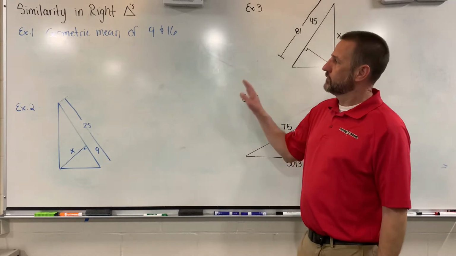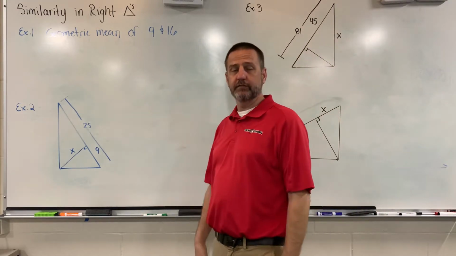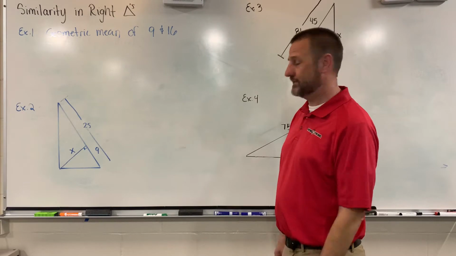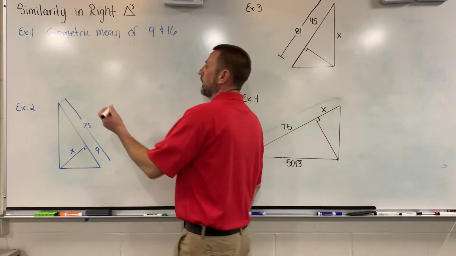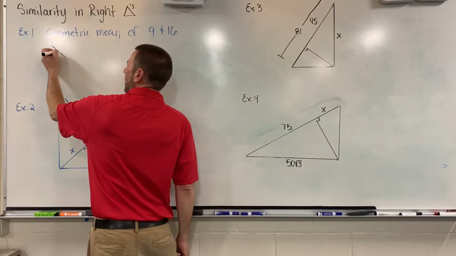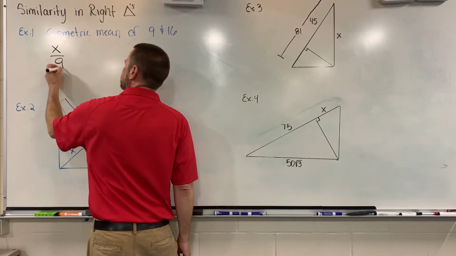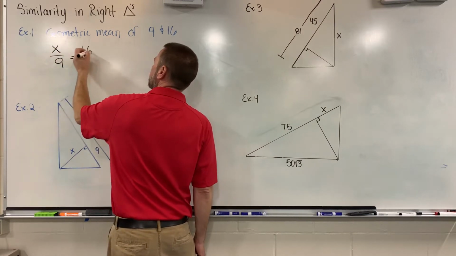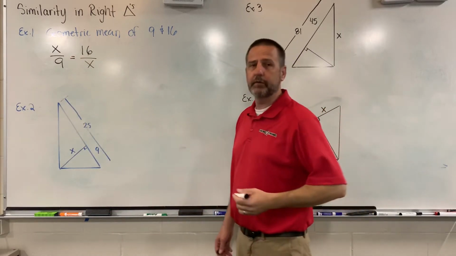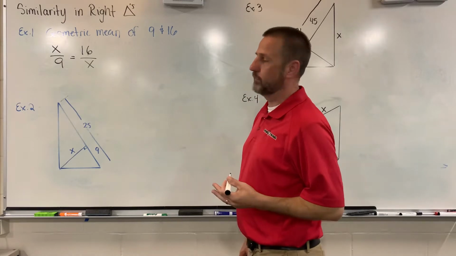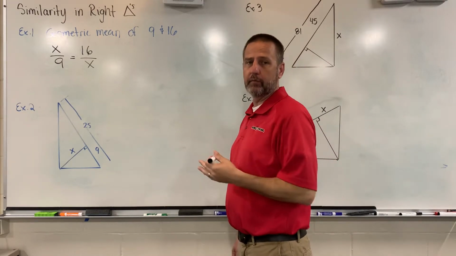Jumping right in, we'll look at example number 1. It says find the geometric mean of 9 and 16. The way we write that is we say x is to 9 as 16 is to x. When we find a geometric mean, we basically write it as x over a number equals another number over x.